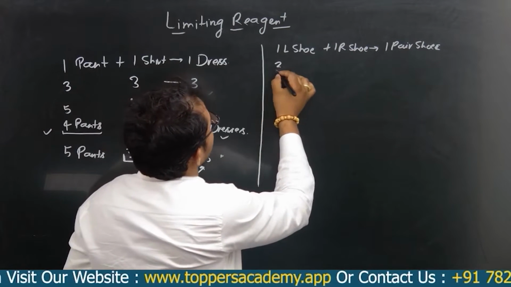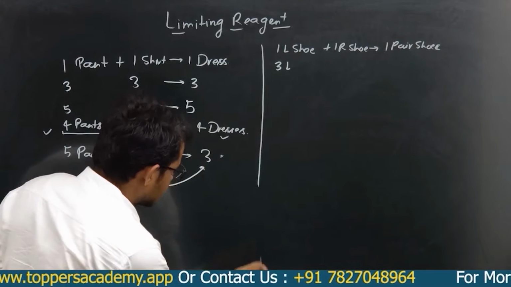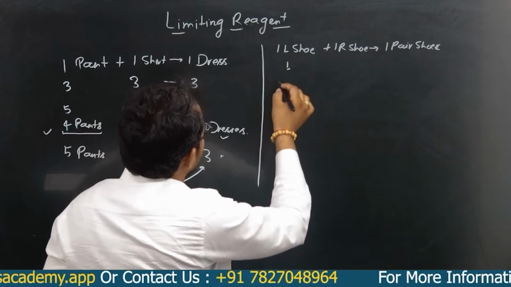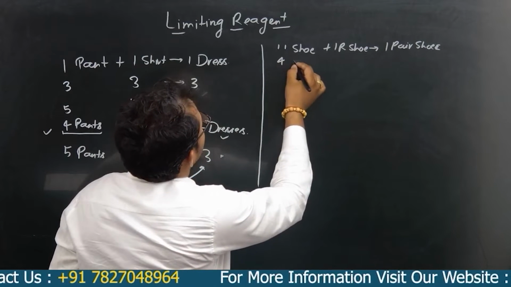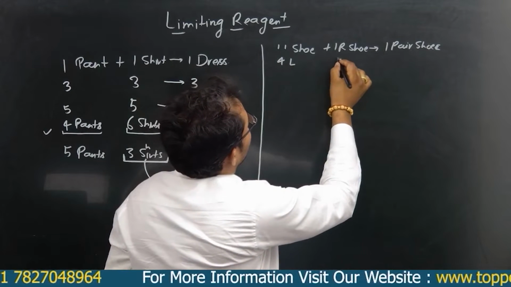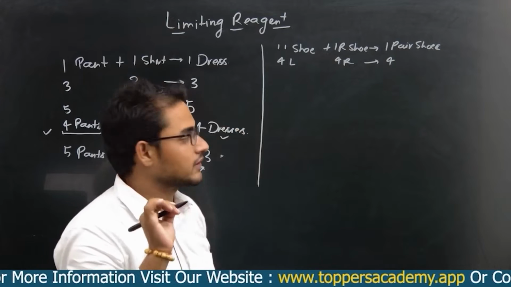Similarly, if I take 4 left shoes with 4 right shoes, they will make 4 pairs of shoes.